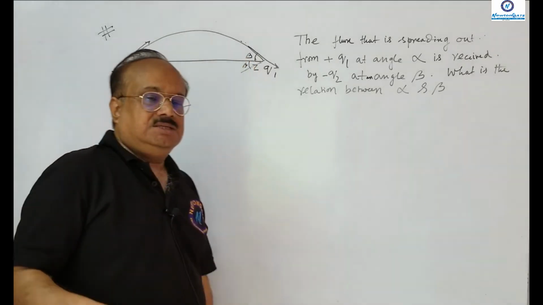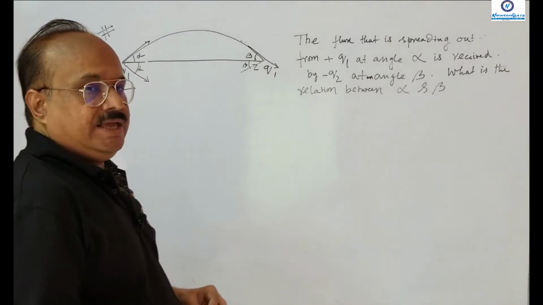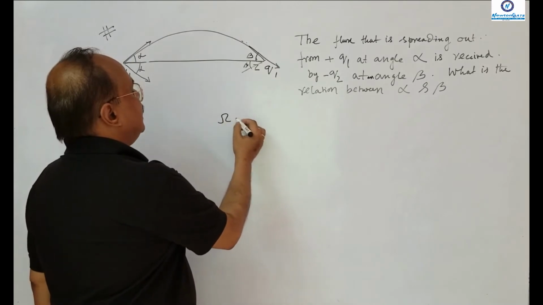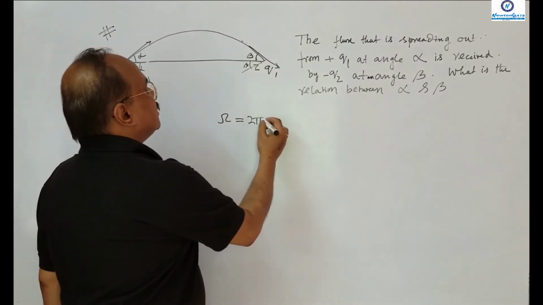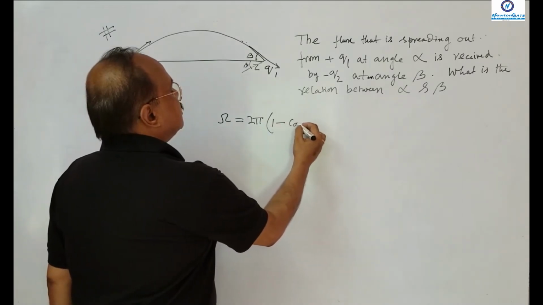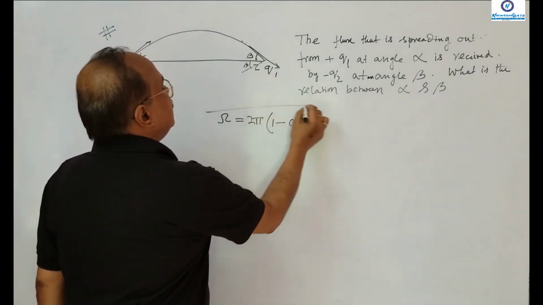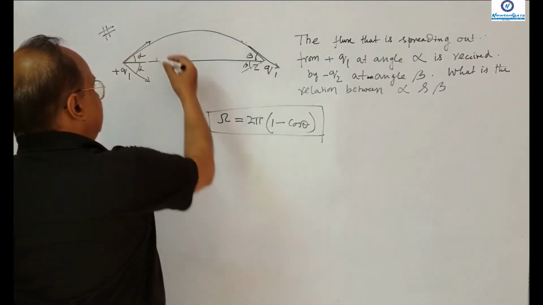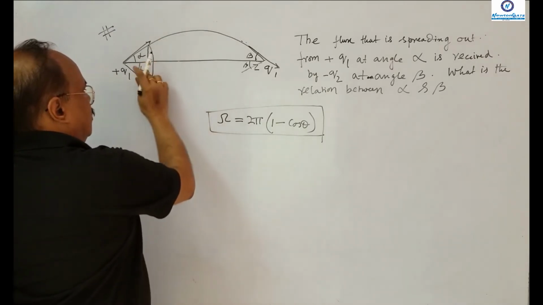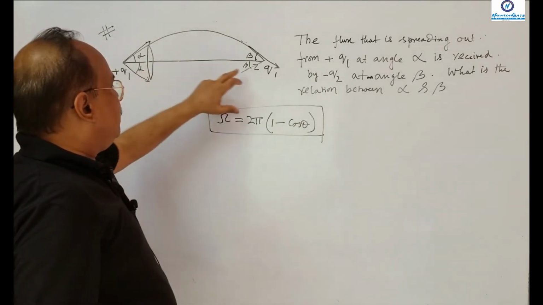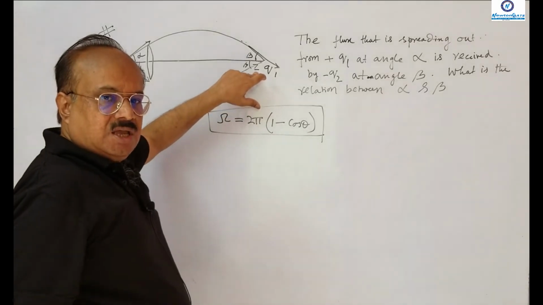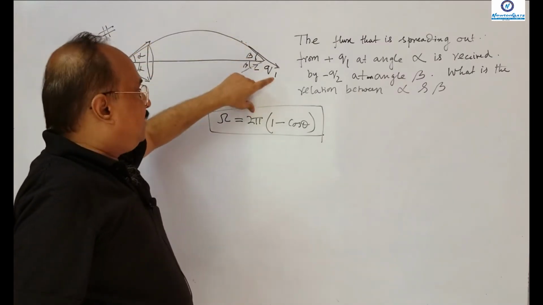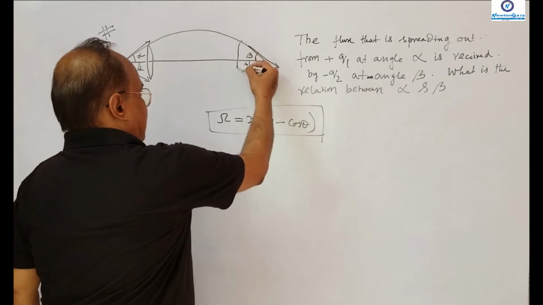For that, in the last sum I explained the relation between the solid angle and the flat angle. So this relation I will use over here. Here you see the flux that is spreading out from here at an angle alpha will be received by this charge at an angle beta.